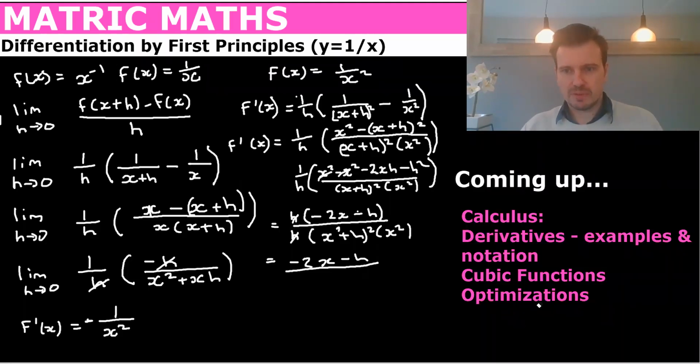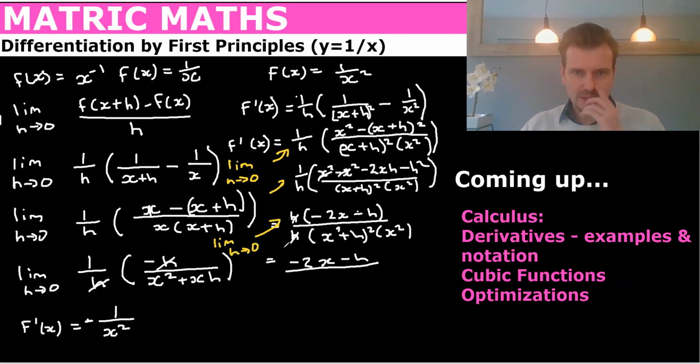Okay, so very important, and I'm going to put it in yellow because it is important. Here we just need to write in all of these. Because I didn't have enough space, limit as h tends to 0 in all of these until we take away the h, which we're going to do next.